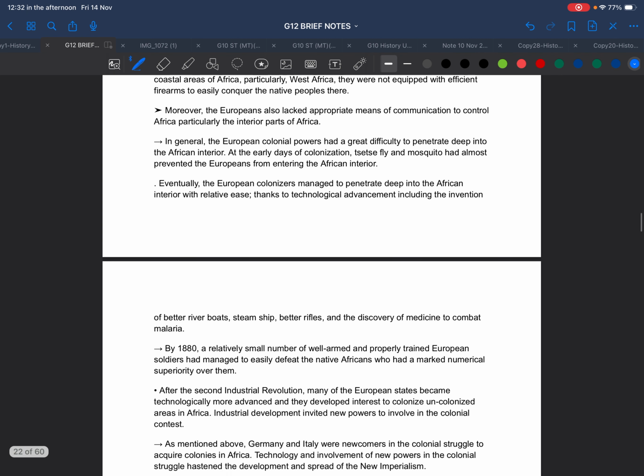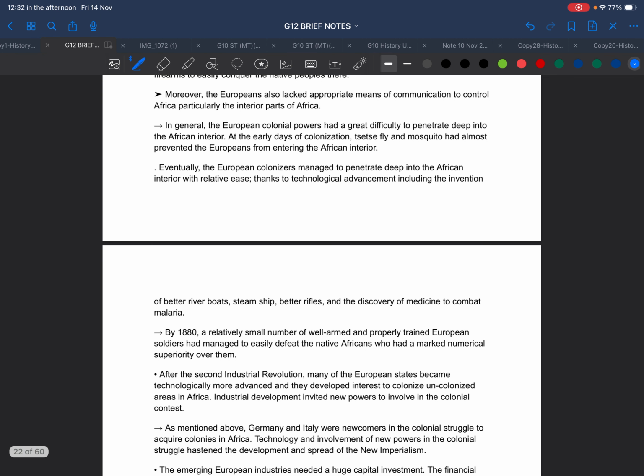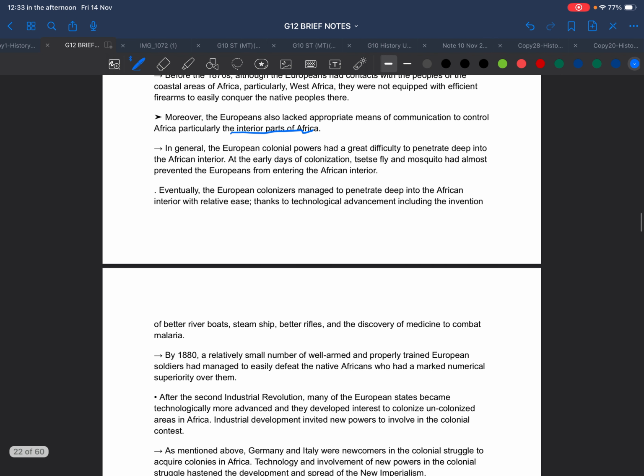Moreover, the Europeans also lacked appropriate means of communication, no way to have effective contact with Europe, to control Africa, particularly the interior parts. It was not only the lack of means of communication, but also the lack of efficient firearms.